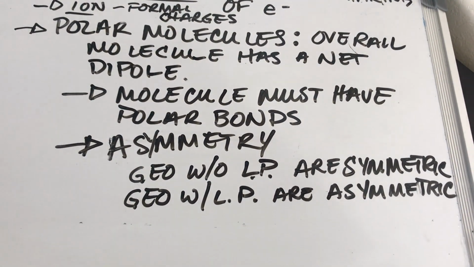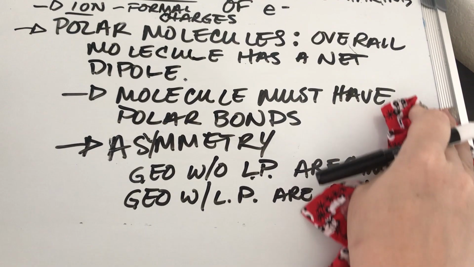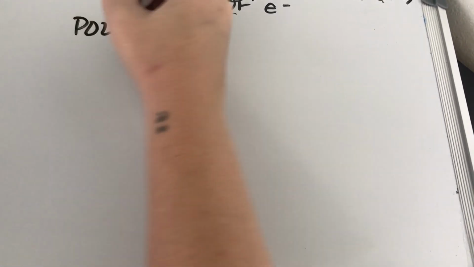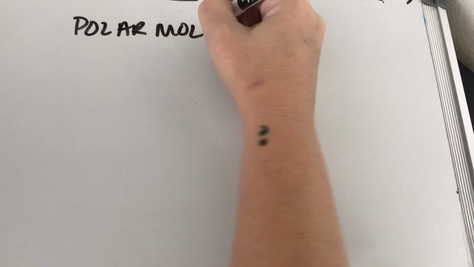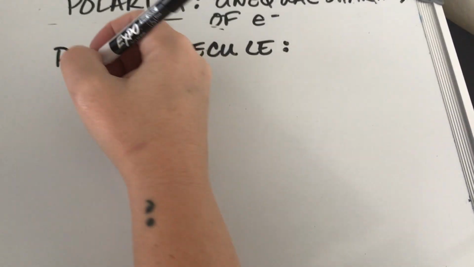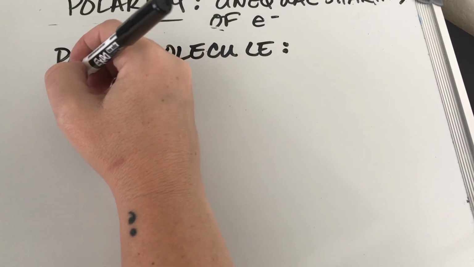Can I erase this so that I can do another summary table? Cool. So, in order to have a polar molecule, you must have a geometry with lone pairs.